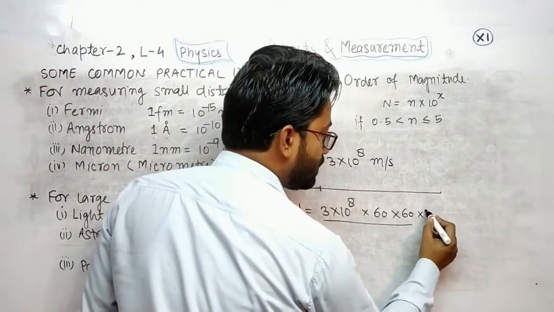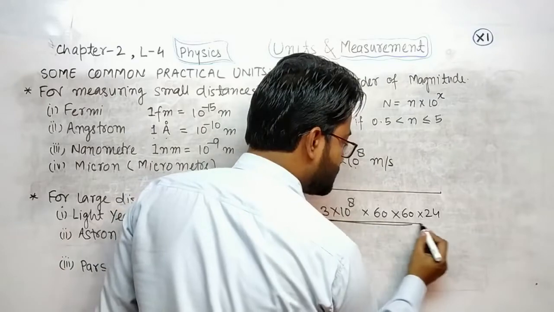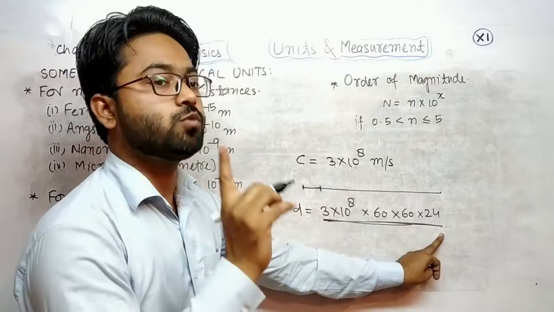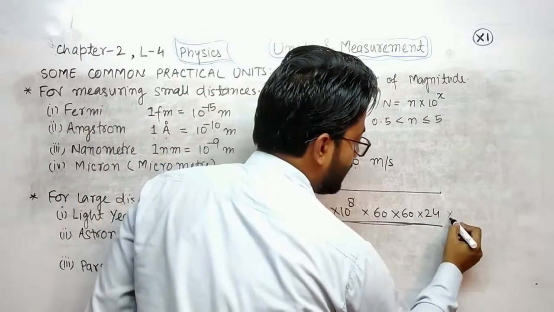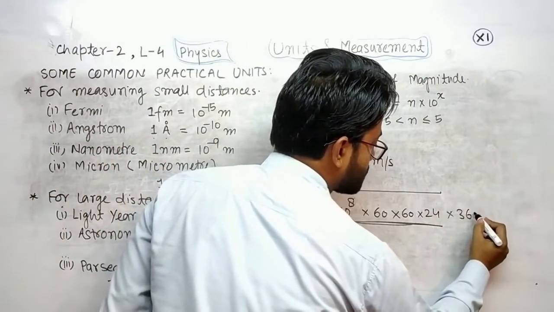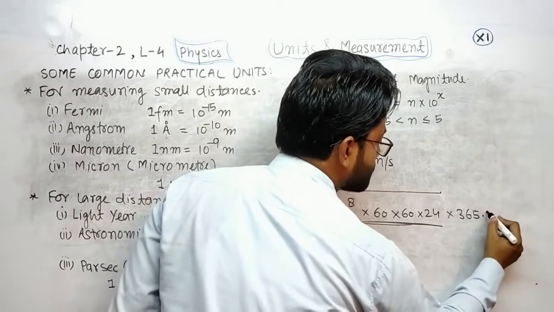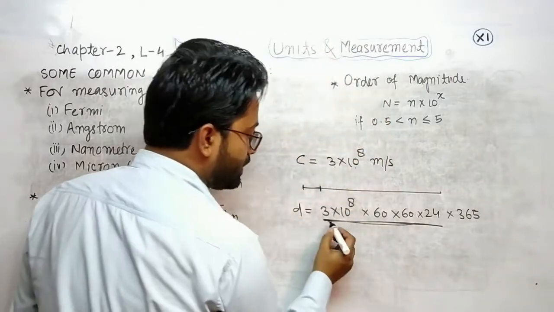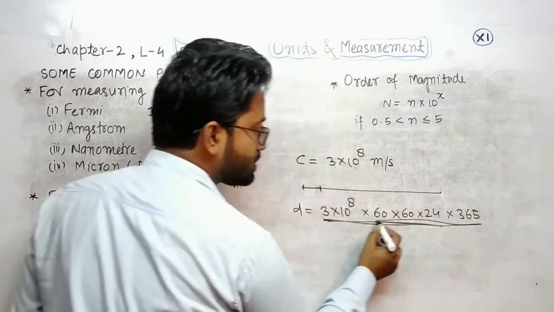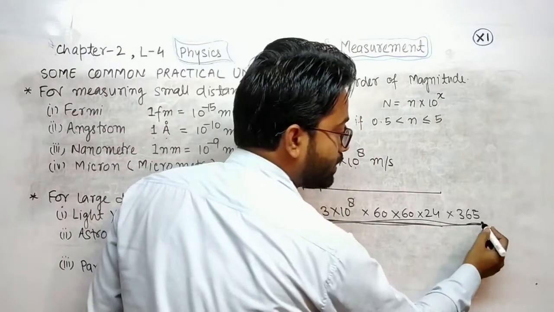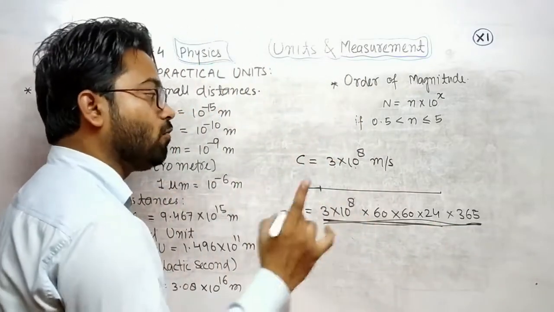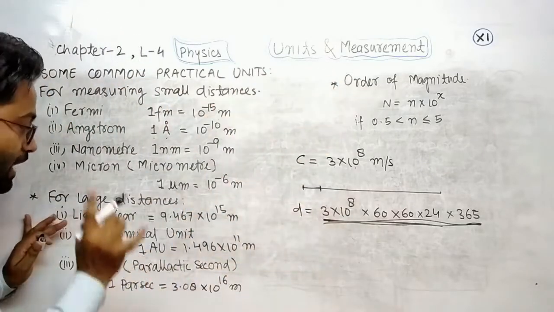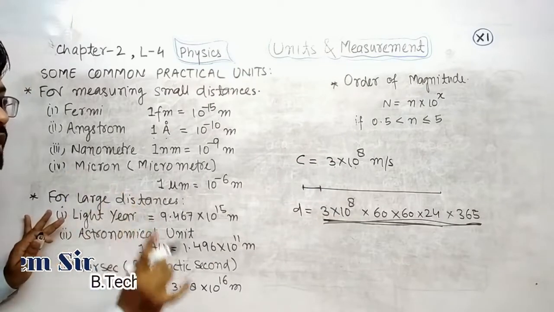If you multiply it by 24, this is the distance covered by light in 1 day, meaning 24 hours. If you multiply by 365.7 approx, or simply you can take 365, that is the distance covered by light in 365 days, or 1 year. The light year is the distance traveled by light in vacuum in 1 year.